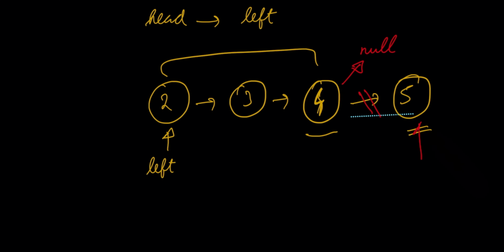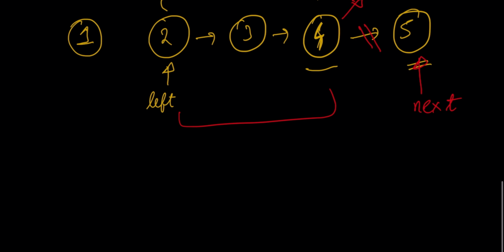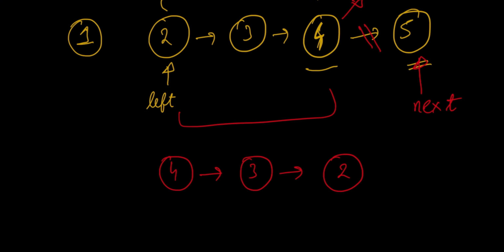Let's call it the next pointer, and before 2 we have our node 1. After we reverse this linked list, the ordering is going to change. This is going to become 4, 3 and 2, and we have to attach the new references correctly.